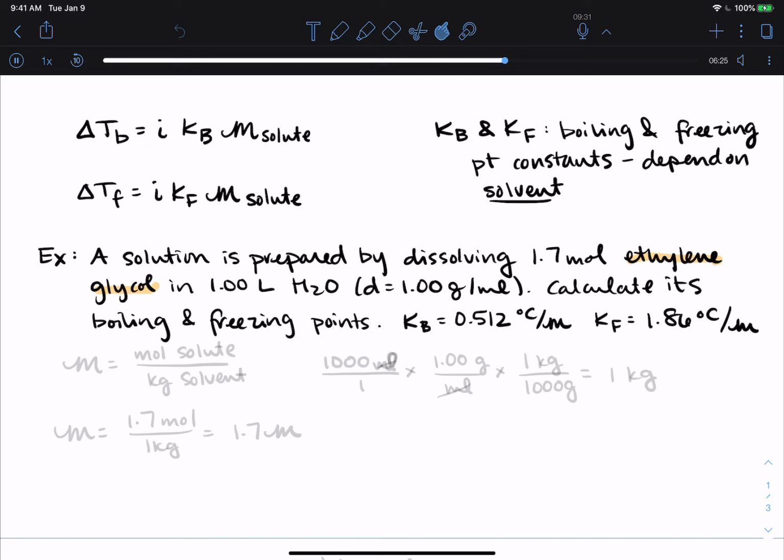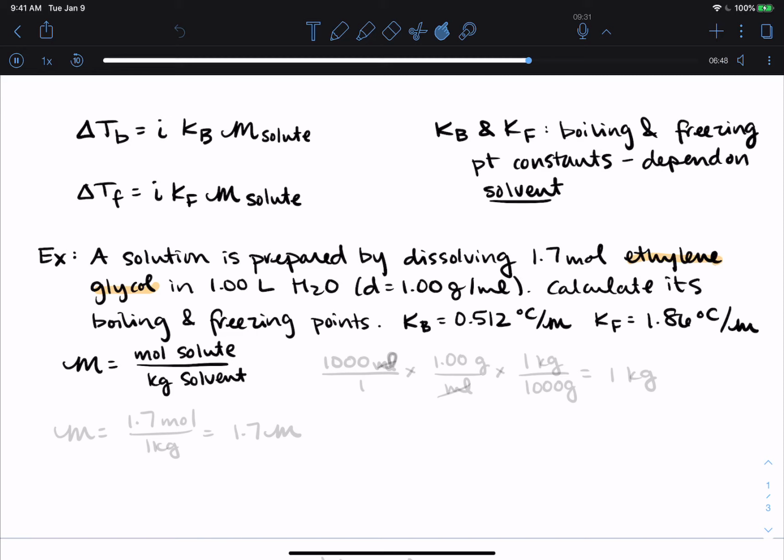So it is soluble, but it is a non-electrolyte. So we need first the molality of the solute. So we need moles of solute over kilograms of solvent.